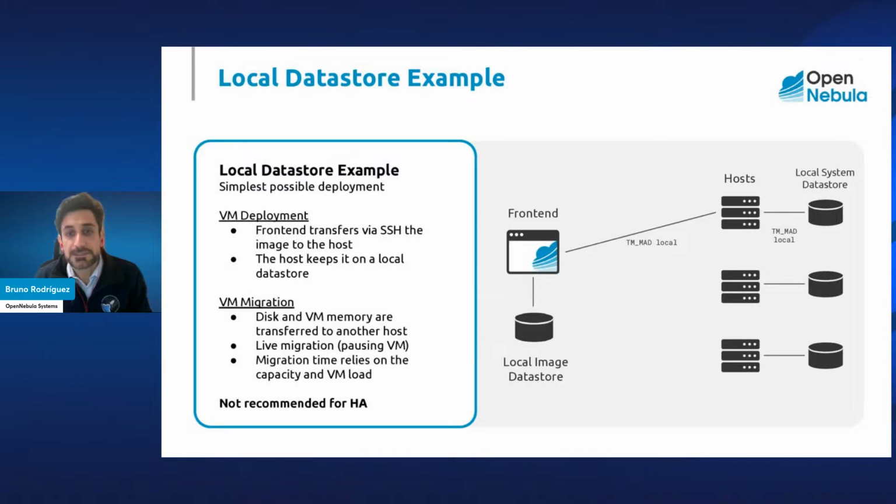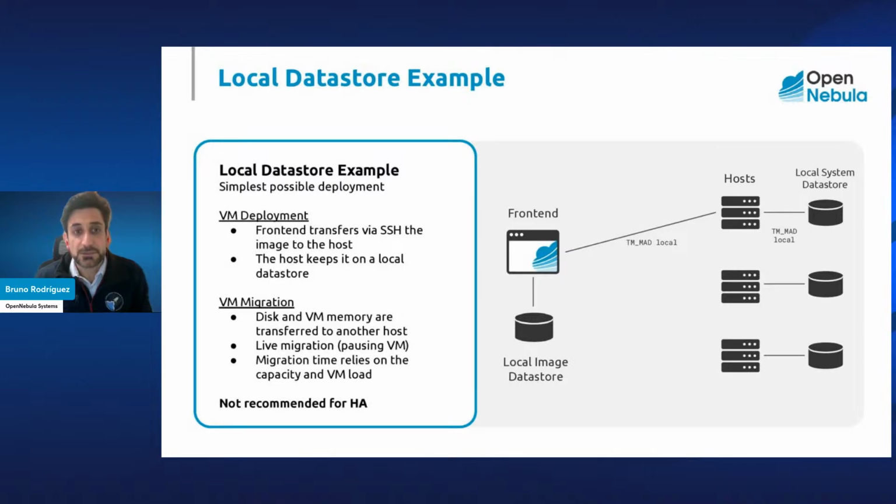The host keeps just one copy of the image on its local datastore. The point is that the whole system datastore is local to every host, and is mounted in the same place on every host.